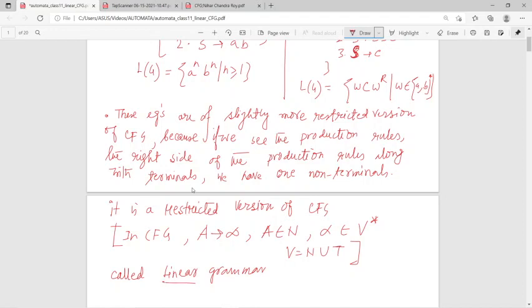But if the question asks what do you mean by linear grammar, then you can say that it is also under CFG, but slightly restricted versions. Why restricted? Because the right side will consist of terminal, then non-terminal, then again terminal, like that. So that is a slightly restricted version of CFG, and that particular grammar is known as linear grammar.